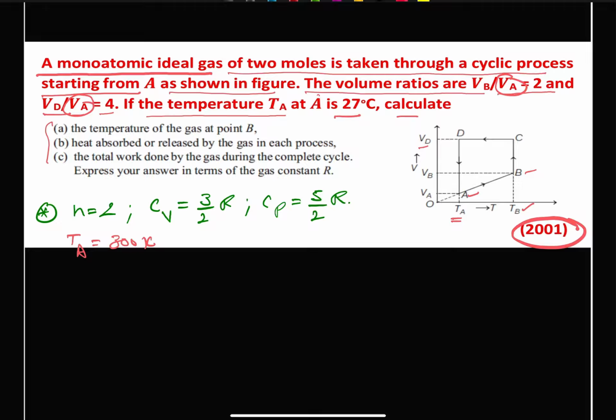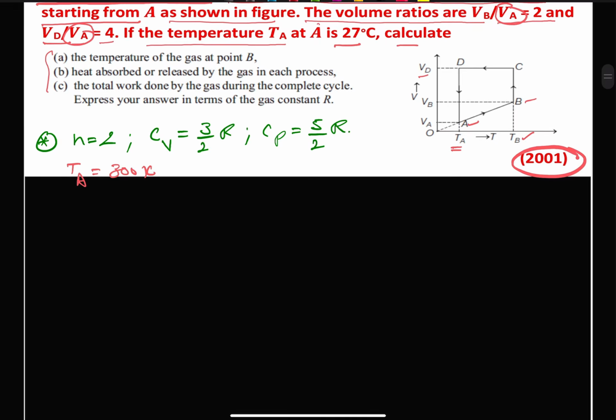So we are going to assume that VA is V naught, which is going to help us find VB as well as VD as well as VC.